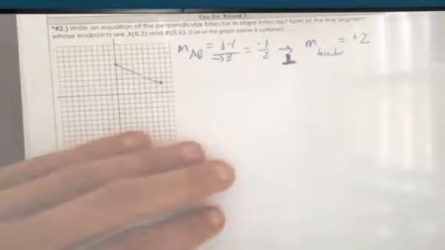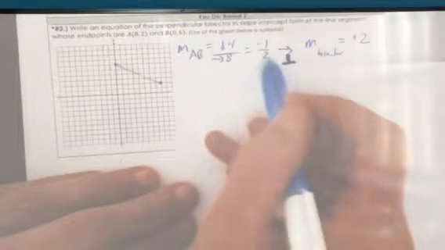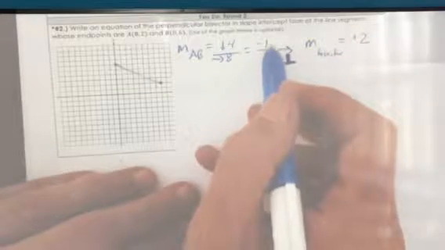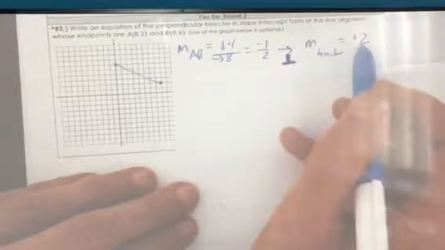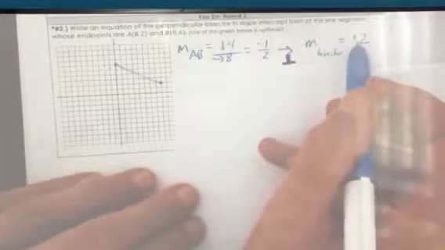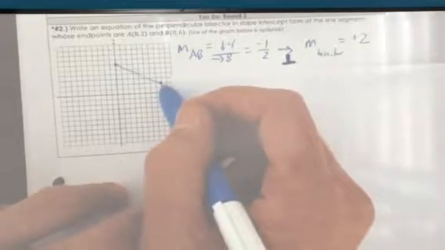So there's the slope of AB, down 4, right 8. That's -1/2. So then my perpendicular slope will switch 1/2 to its reciprocal, 2, and switch the sign from negative to positive. So now we have to make sure we go through the midpoint.